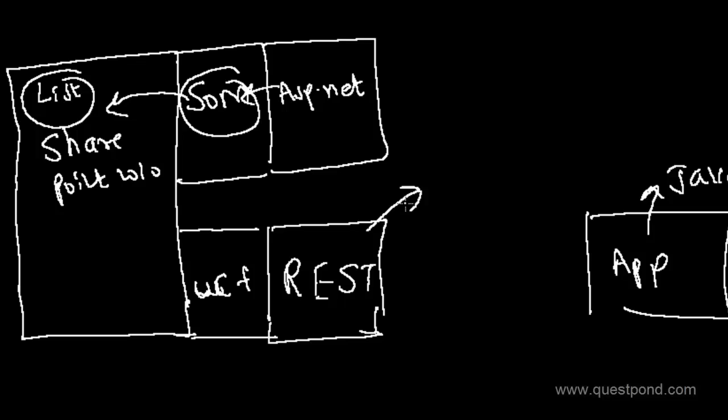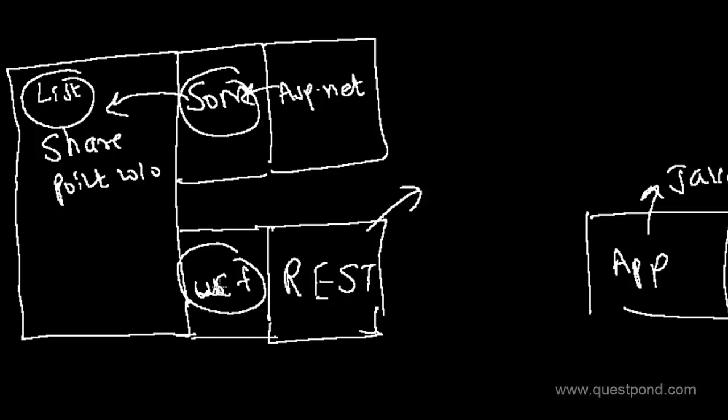Because you are exposing via REST services, external applications, be it a Windows application or a Java application, anybody in the world can make a call to a REST service, and your REST service will internally make a call to the list to do read, update, delete, and those kinds of activities. Now this REST enablement is only possible because of WCF services.